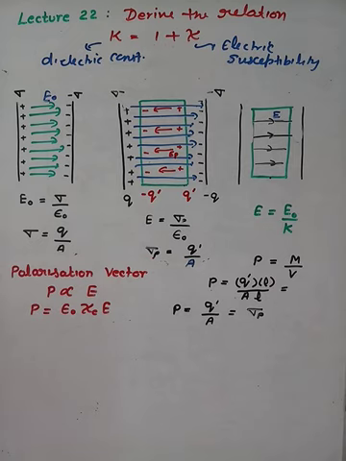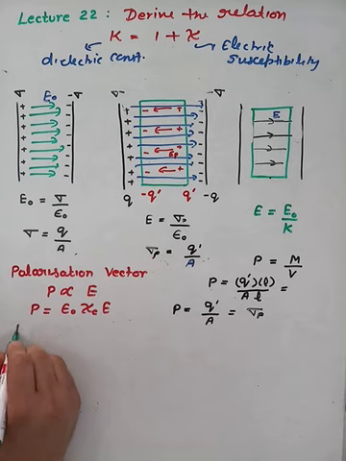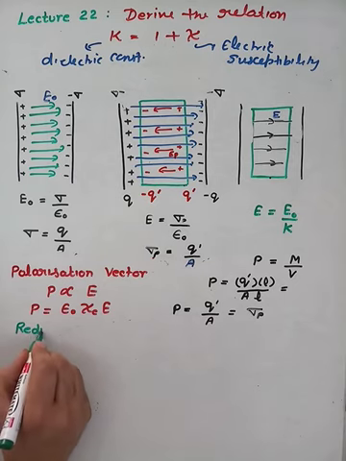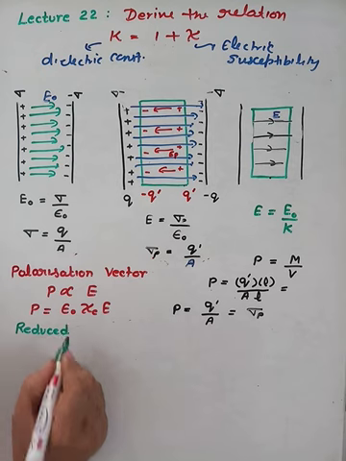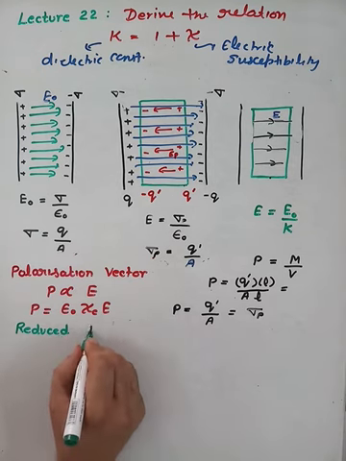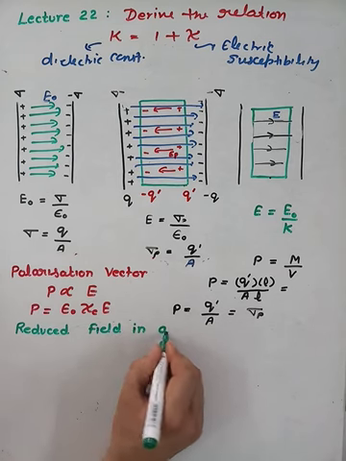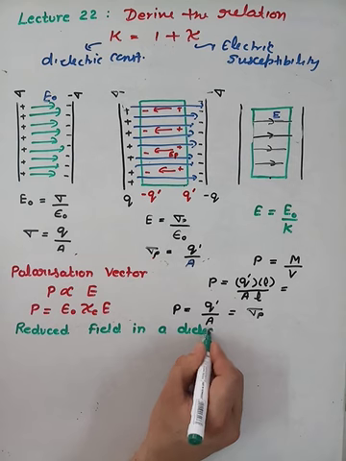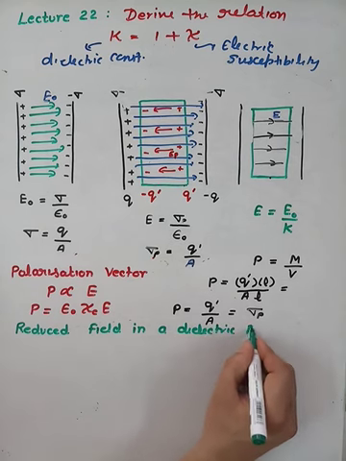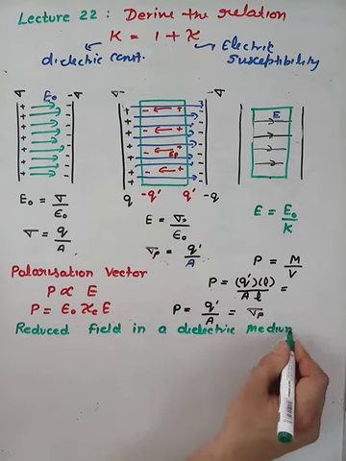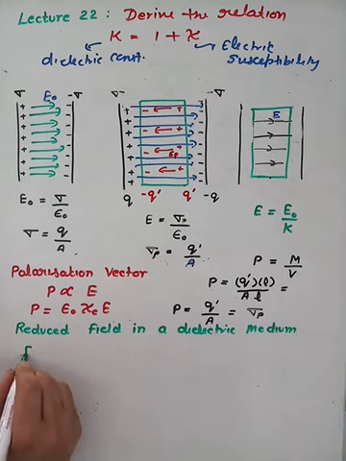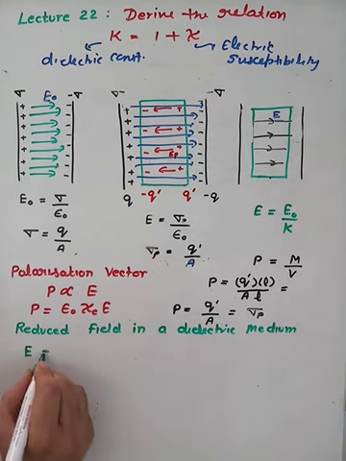Now again we start with this. The reduced electric field in a dielectric medium is given as E equals E naught minus EP.